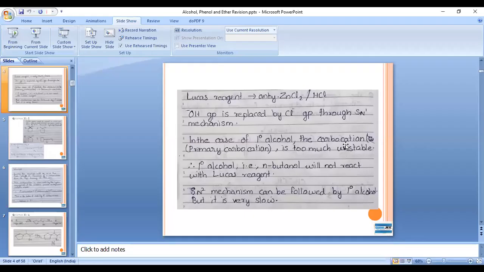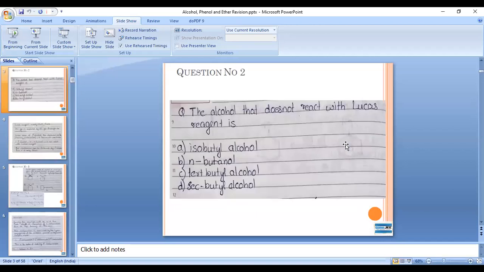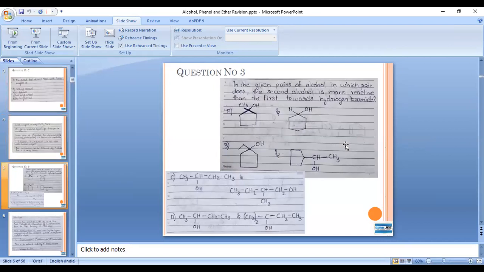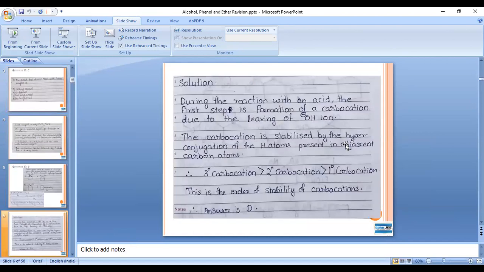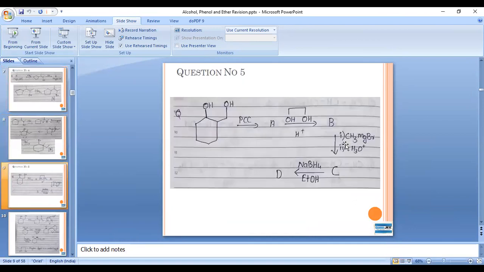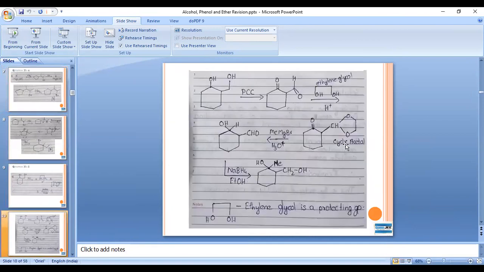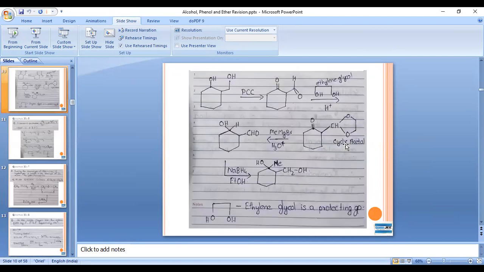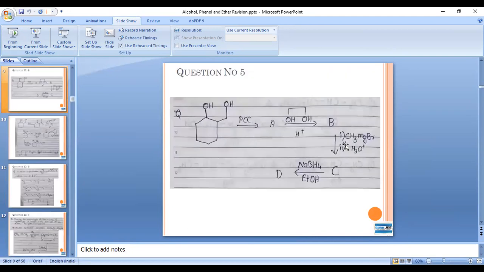Lucas reagent, let it be there because it is coming in the properties side. Given not reactive, then again preparation, not properties. Yeah, this is one of the questions.